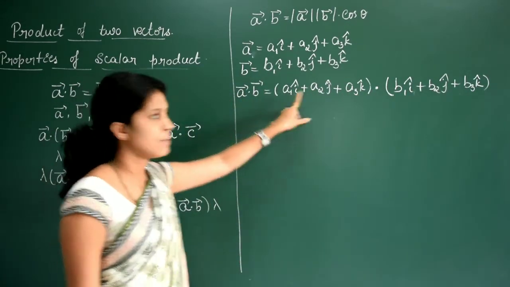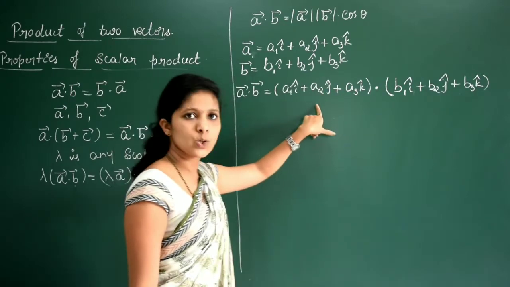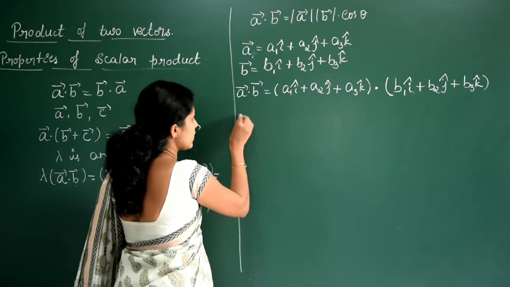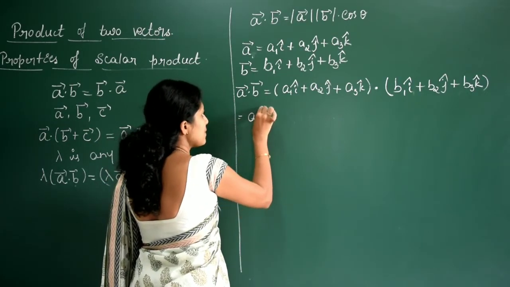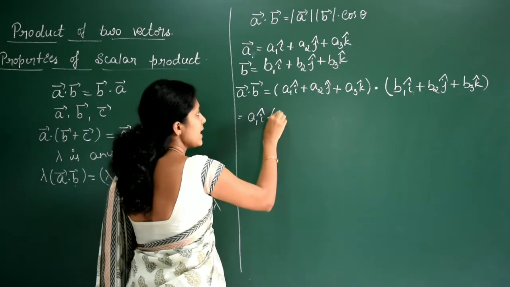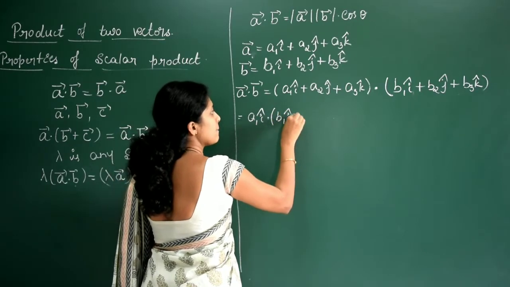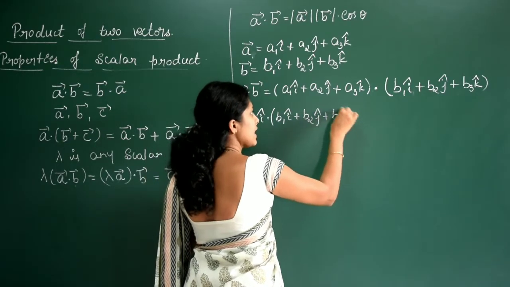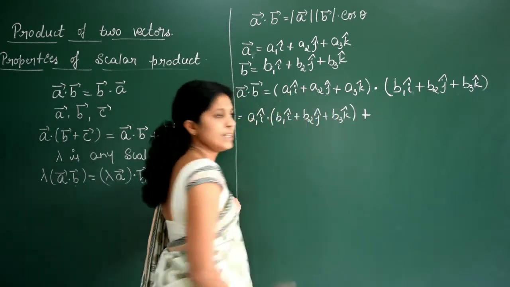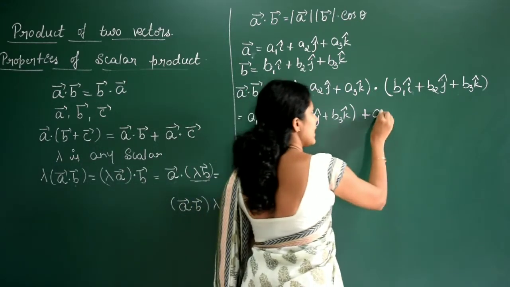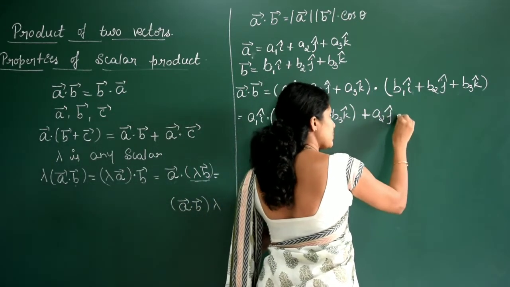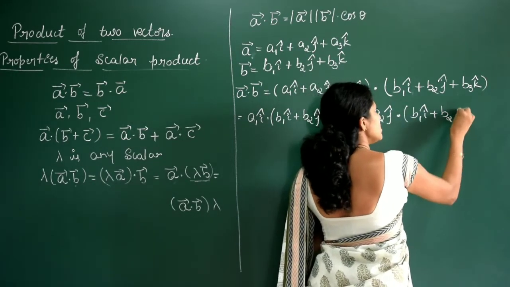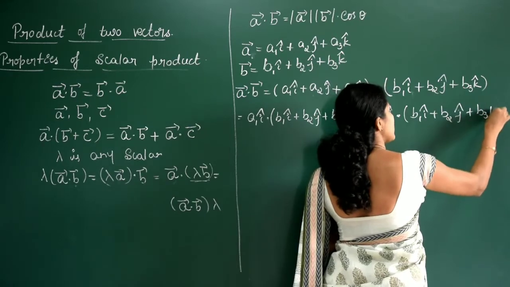I mean A1 i cap with this one, then A2 j cap with this one, plus A3 k cap with this one. So that will be A1 i cap dot product with B1 i cap plus B2 j cap plus B3 k cap, plus then A2 j cap dot product with B1 i cap plus B2 j cap plus B3 k cap.